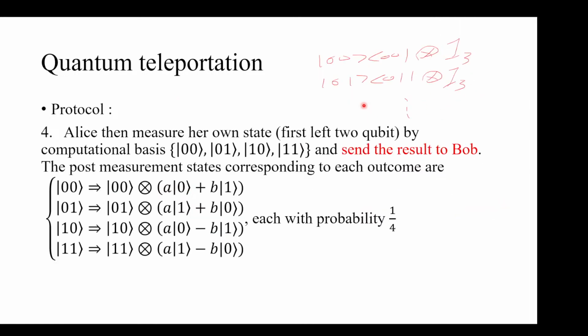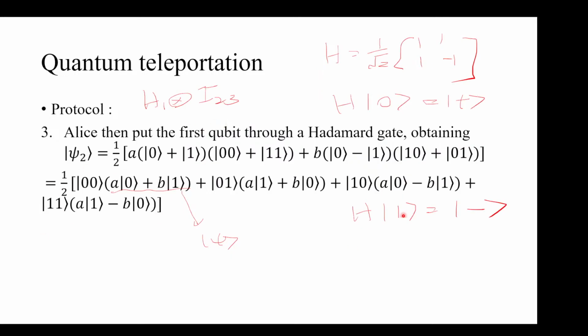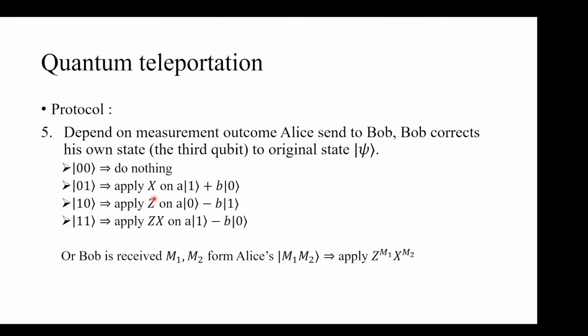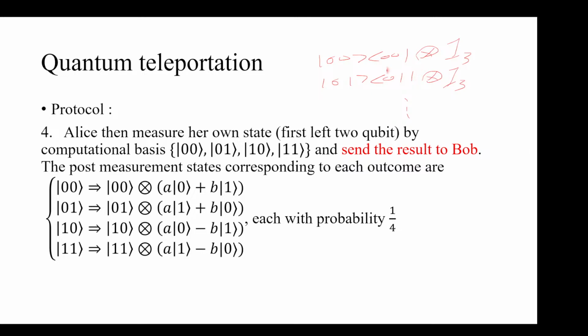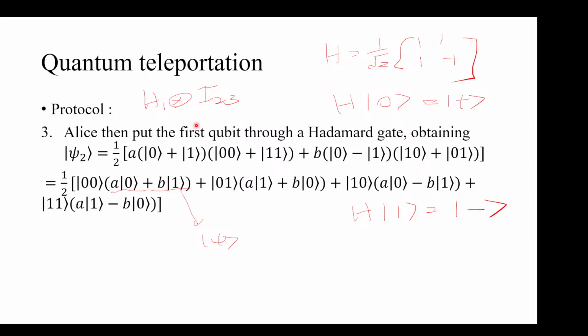It's pretty easy to see what happens when you apply those projectors to the state here, because we already wrote it in a good form. For example, if you apply this 0,0 tensor I projector onto our state, the projector acts on the |0,0⟩(a0 plus b1) term, and the 0,0 part stays 0,0.